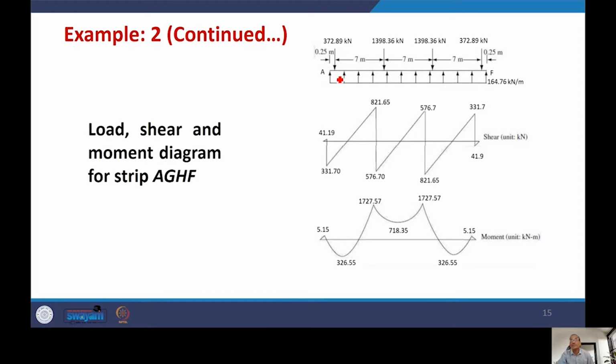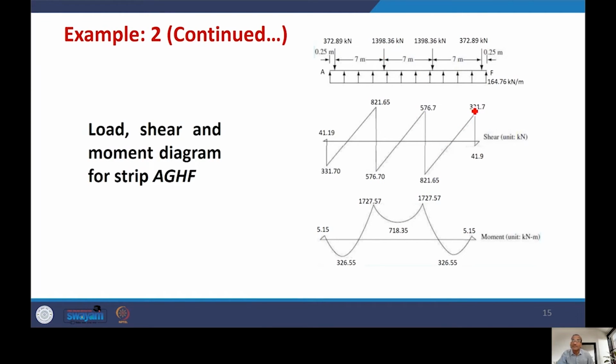When such loading is applied, you can have the shear force diagram like this, where this will be the UDL, and at this point you will have a sharp reaction. This will come down, and the sum of these two will be 372.25. Then again it will continue to increase because the load is acting in this direction, and then come down again. The sum of these, 821 and 576, is 1308.